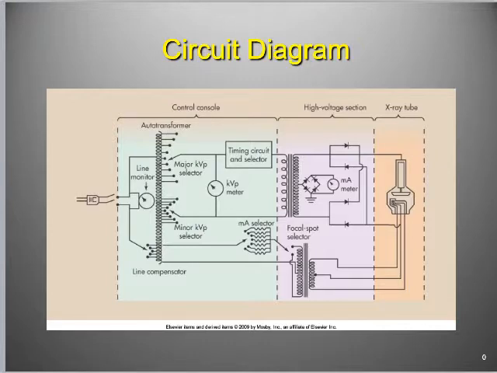Well, that's a good question. When we moved from the MA selector over to the step-down transformer, we've kind of loosely moved over to the high voltage section. It's no longer happening in the control console. So the important thing here is that we've stepped down the voltage, stepped up the amperage, increased the amperage.